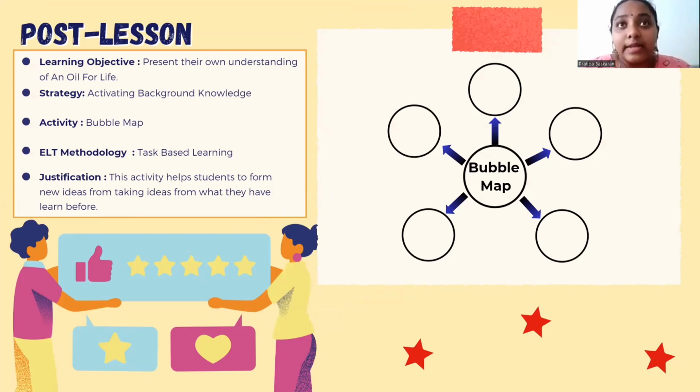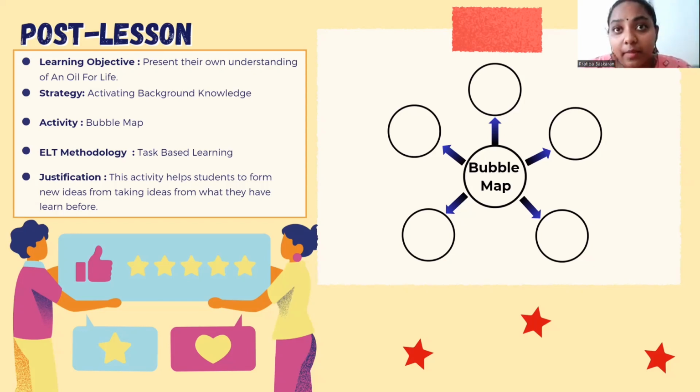They will learn, understand, and adopt the points. Once done, they will be doing the bubble map. From this, the strategy is activating background knowledge. The activity is, as you can see here, the bubble map, and the ELT methodology we use here is task-based learning. The justification for this activity is that it helps students to form new ideas from what they have learned before.